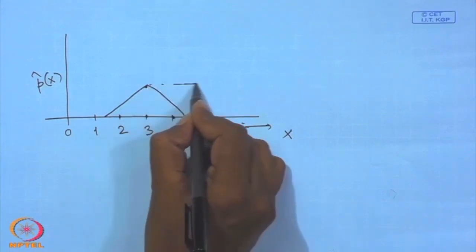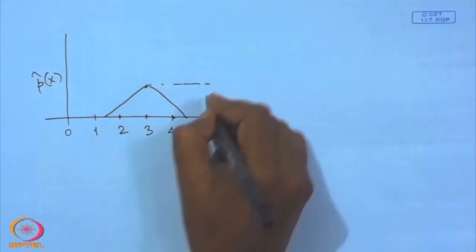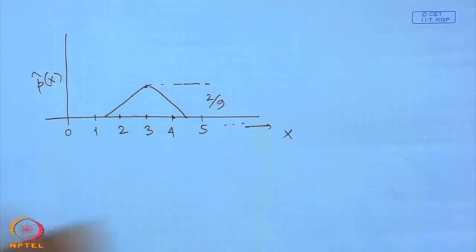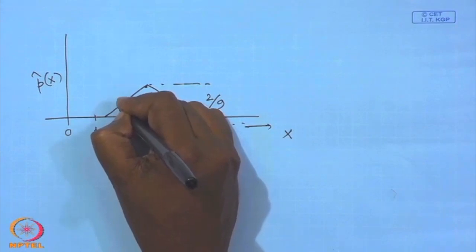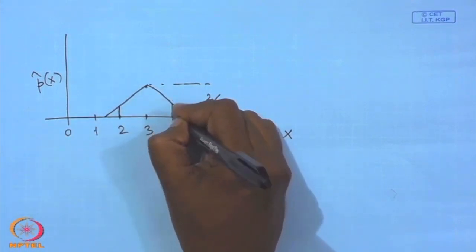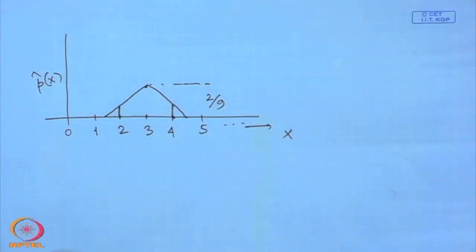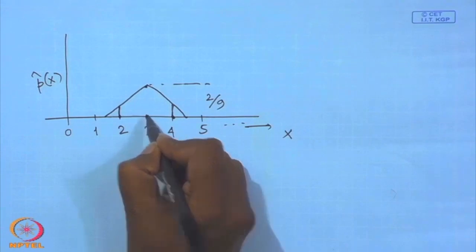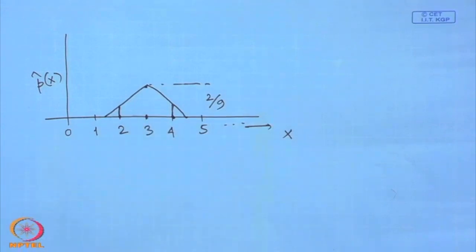The height of this window, as we computed, was 2 by 9. I have to compute this height for the sample over here and for the sample over here, and the sum of these two heights is the estimated probability at location x equal to 3.